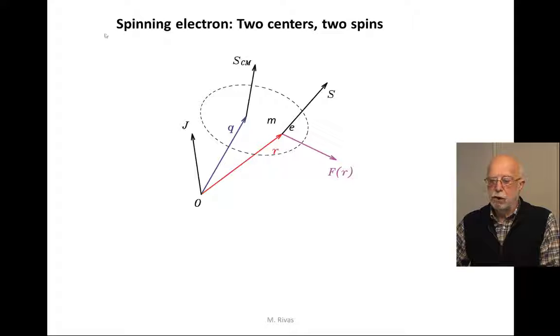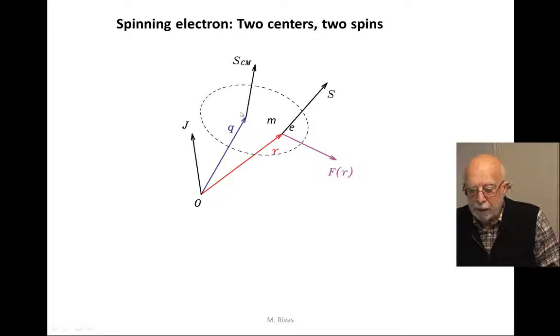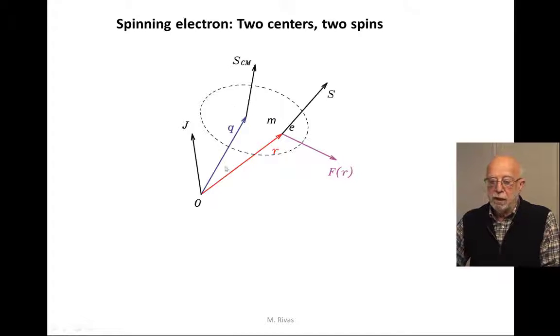The formalism is only interested in the description of these 2 points. Now, what we have here is O represents the origin of our Cartesian frame, and according to our frame, Q is the location of the center of mass, R is the location of the center of charge, and F, capital F, represents the external electromagnetic force defined at the charge position.